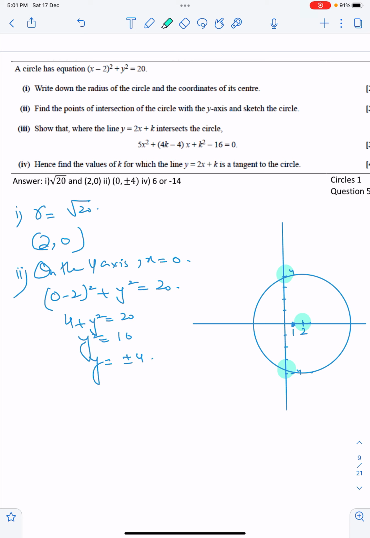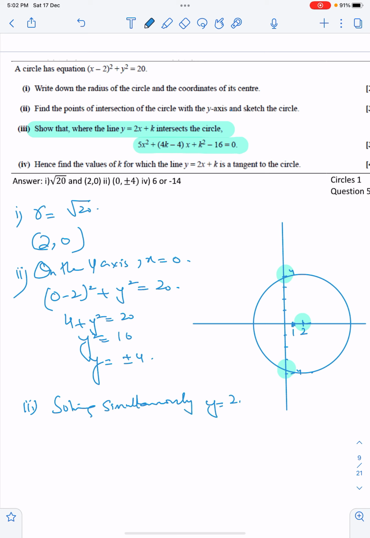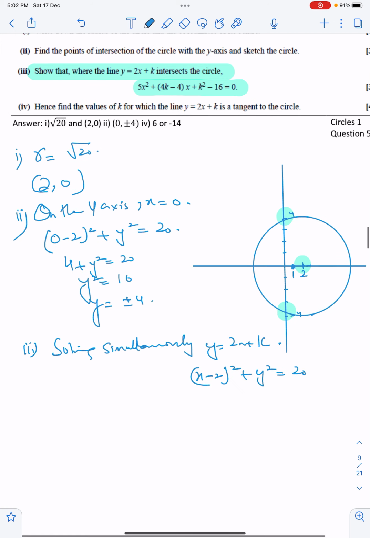The next question says show that where the line y equals 2x plus k intersects the circle, this is true. So we have to solve simultaneously the equation of the line and the equation of the circle. y equals 2x plus k and the equation of the circle, (x minus 2) the whole square plus y square equals 20.